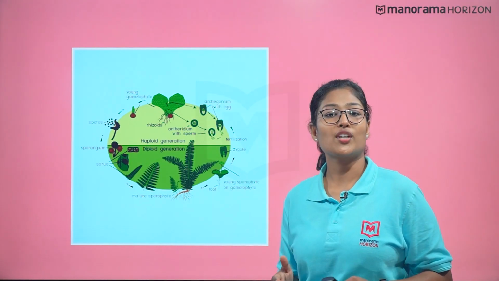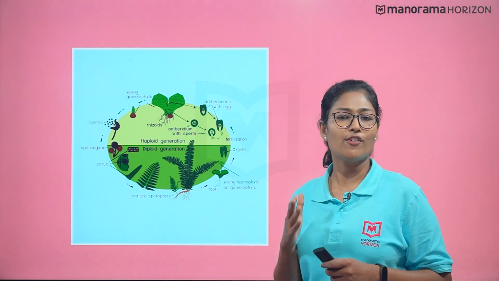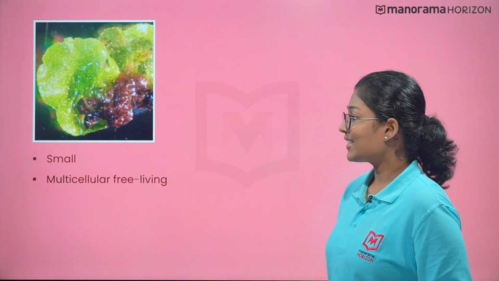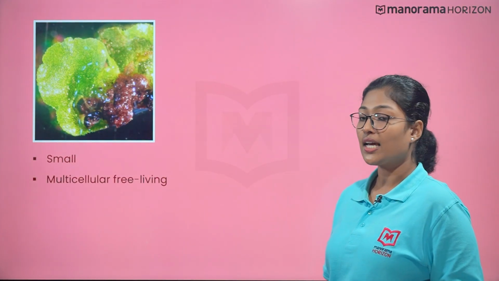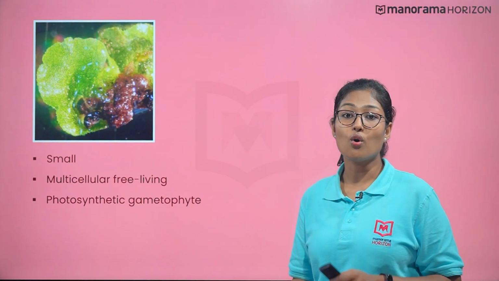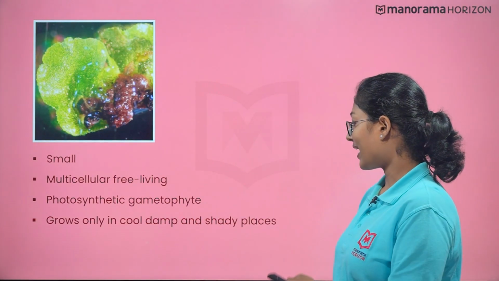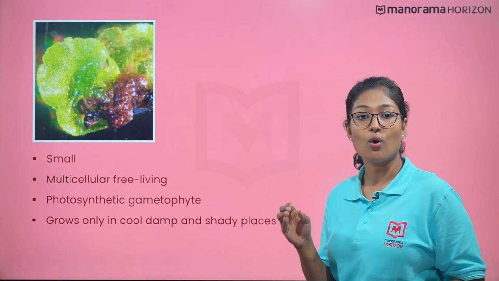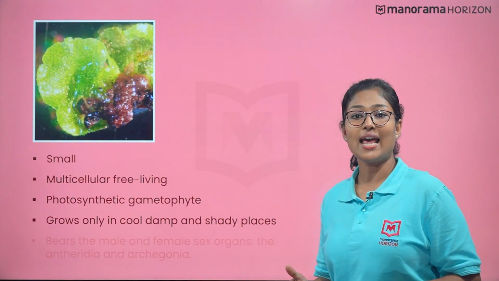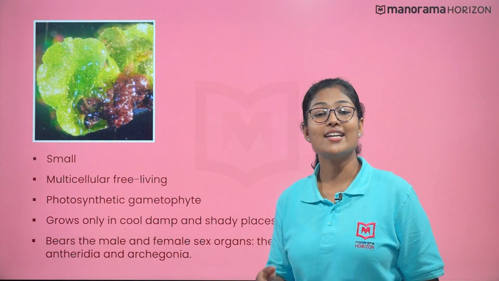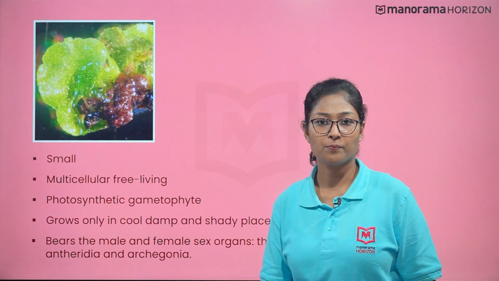So now let's check the main general features of a prothallus. As you can see on the screen, it is a small, multicellular, free-living and mainly photosynthetic gametophyte that grows only in cool, damp and shady places. The prothallus also bears the male and female sex organs, that is the antheridia and the archegonia.